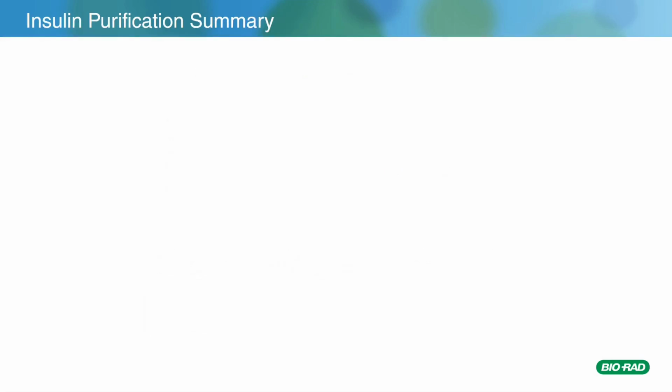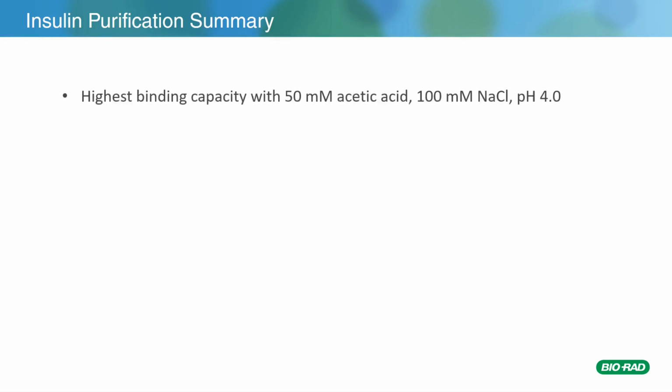So to summarize the insulin purification on Nuvia HRS, the highest binding capacity was found to be with 50 millimolar acetic acid, 100 millimolar sodium chloride, pH 4 as the binding buffer.